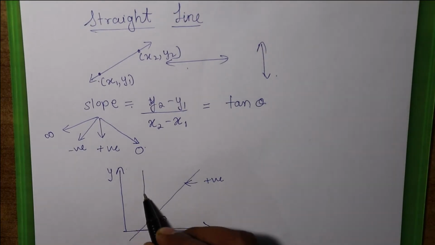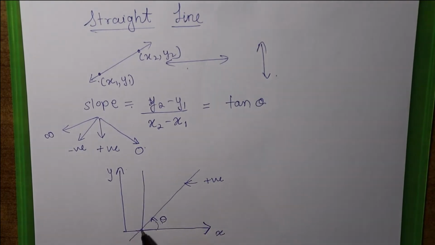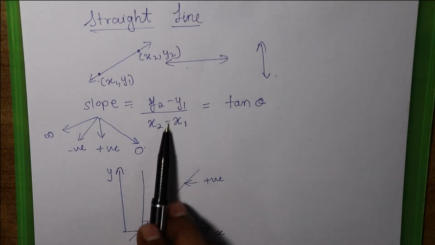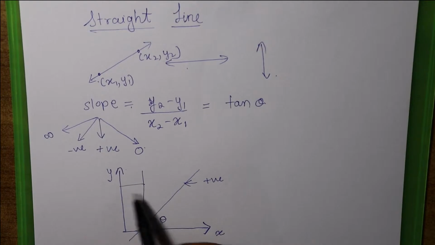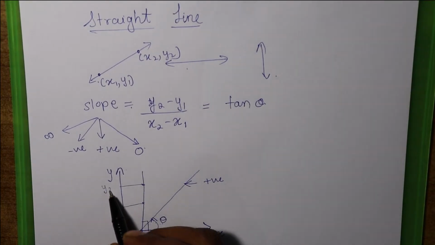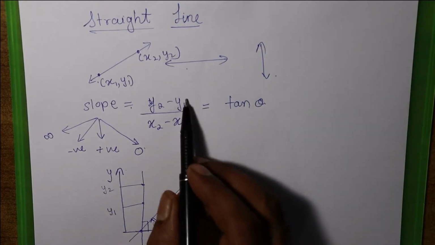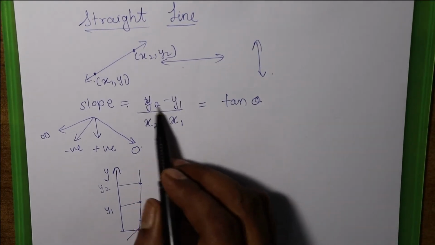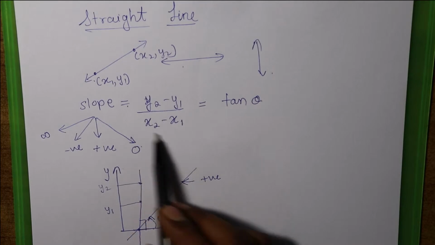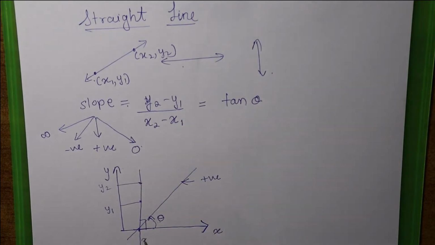Similarly, if the angle made with respect to horizontal is 90 degree, then we can quickly relate it in the formula. In the formula we can see that although we have y2 minus y1, meaning we know the value of the numerator, the value of the denominator, that is x1, will be equal to x2.